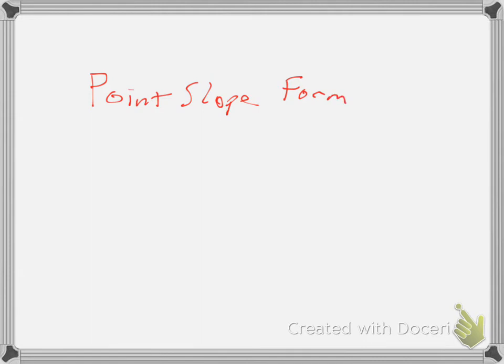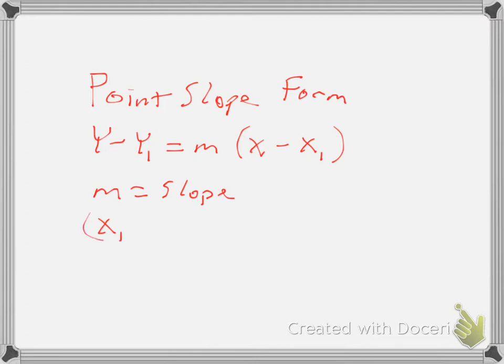And that form is y minus y1 equals m times x minus x sub 1. M is the slope, and (x1, y1) is any point on the line.